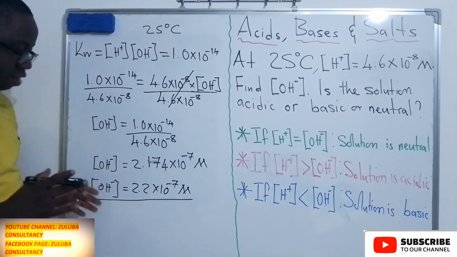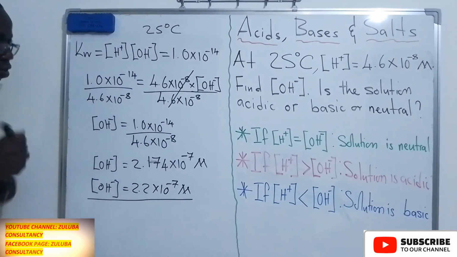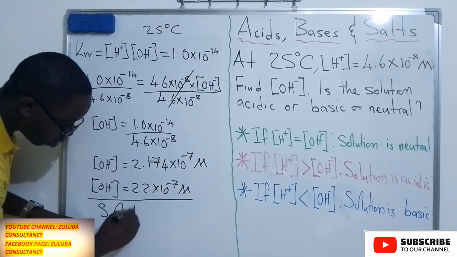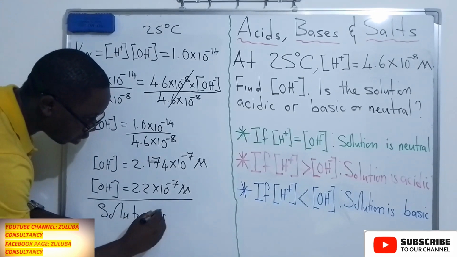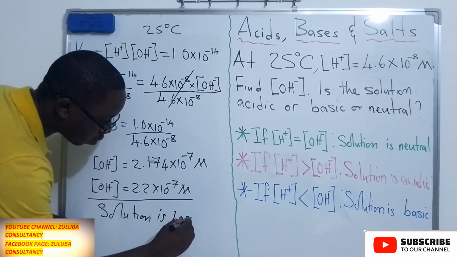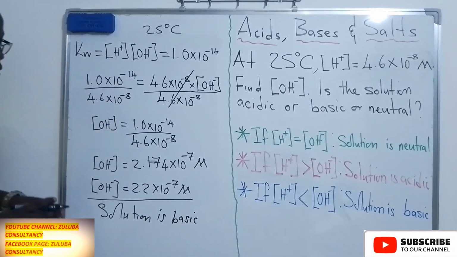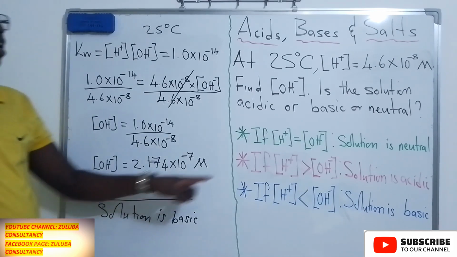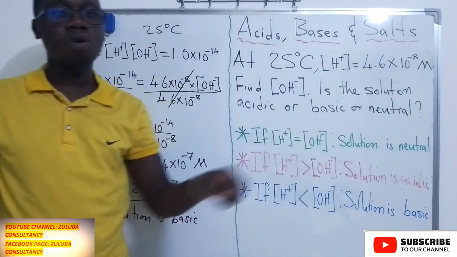So what does this tell us? This tells us that this solution is basic. Why are we saying so? Because this value is greater than this value.